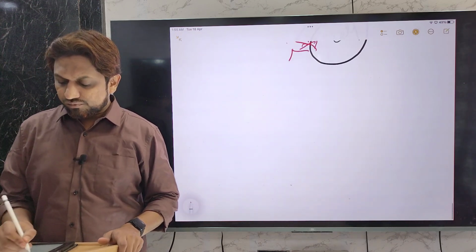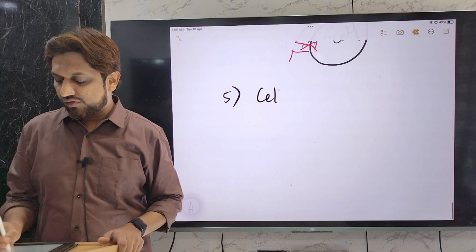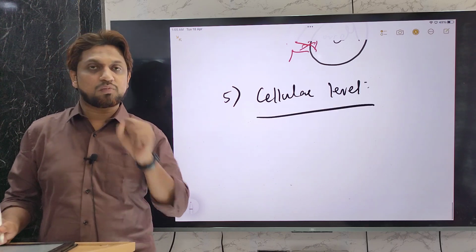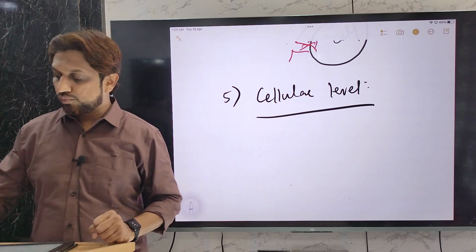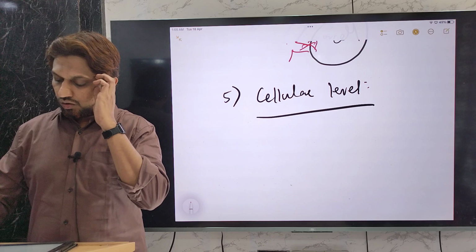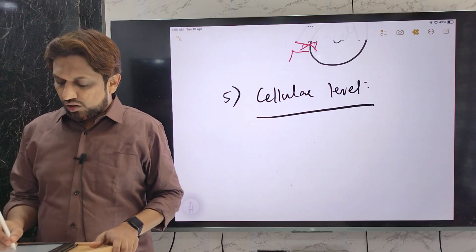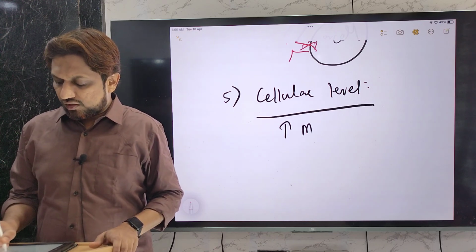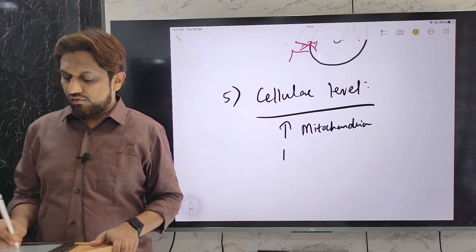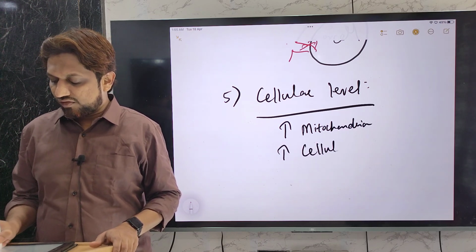And finally, at the cellular level also, some changes take place to use more oxygen from the blood. The changes are an increase in the mitochondria as well as an increase in the cellular enzymes.